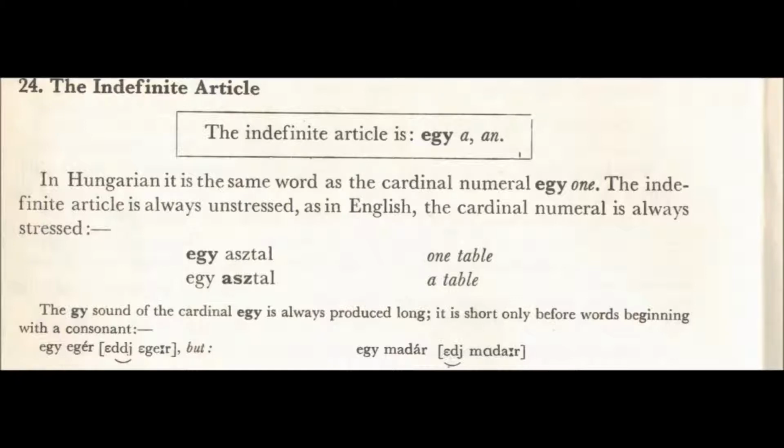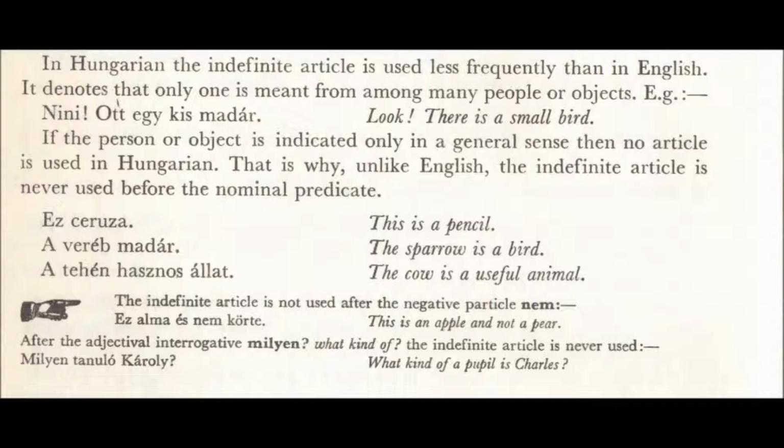It's used to indicate the number of things. If there's one bird, they say egy madár. If the number of birds is not interesting, they would only say madár. But to be more specific, if it's one particular bird, it's egy madár.